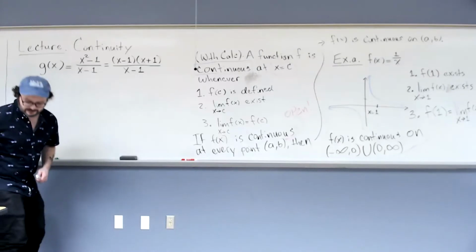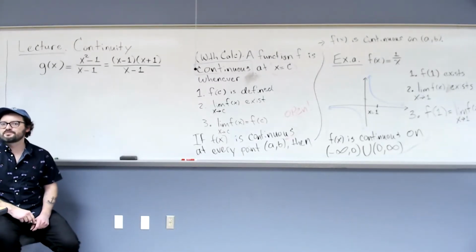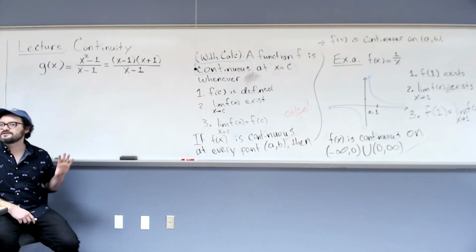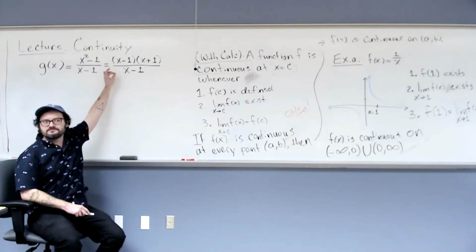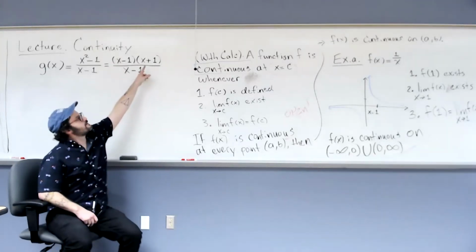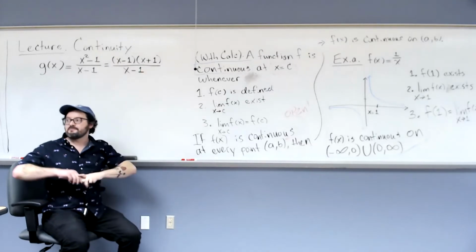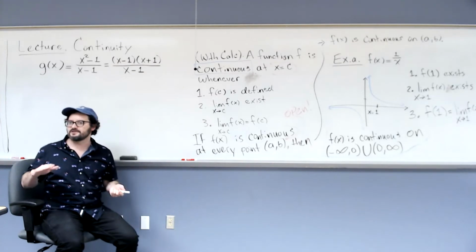So does that give you a hint as to what the function looks like? So pretty much everywhere that x is not equal to 1, these terms are dividing out, right? So what are you left with? Just x plus 1, everywhere other than x equals 1. In x plus 1, all of you should know that. That's just a line that's been raised up by 1.